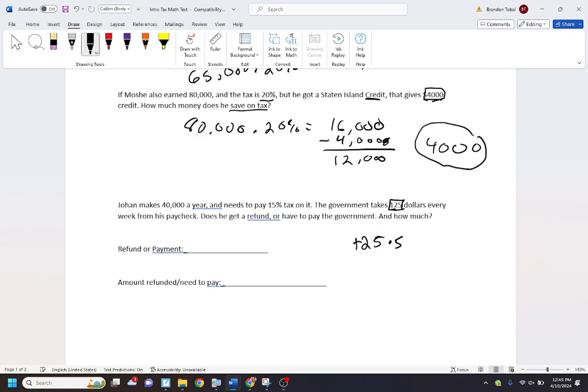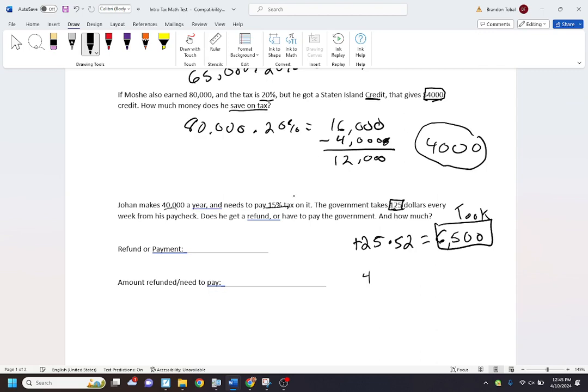So 125 times 52 is 6,500. So that's how much money the government took. We need to figure out how much money he actually owes the government.